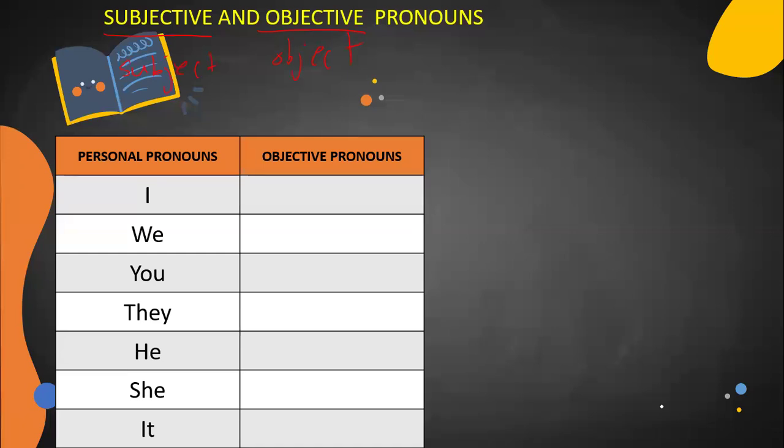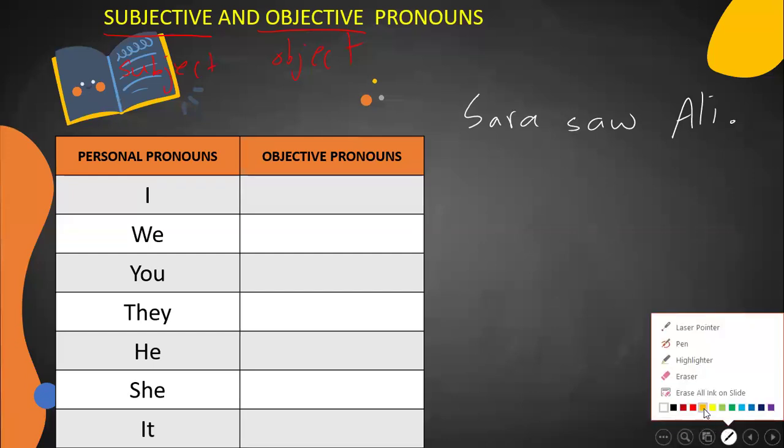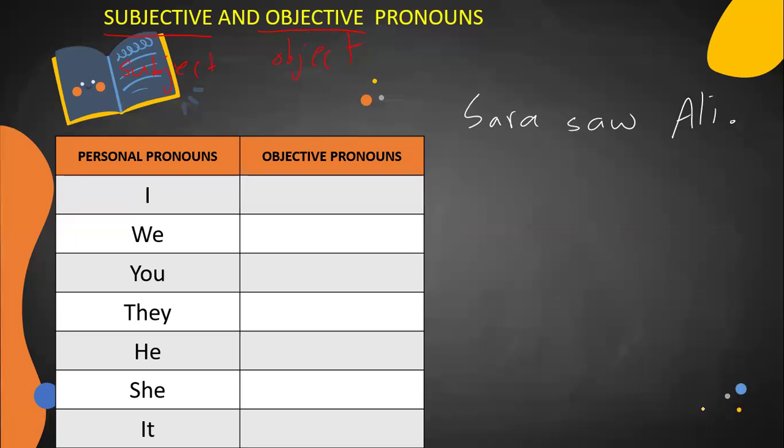Okay. Now, let's have an example here to make everything clear. If, for example, we have this sentence, Sarah saw Ali. Sarah is the subject of this sentence because it's before the verb. She is the doer here. Sarah is the doer. Okay, so this is the subject, S. This is the verb, and the word that we have after the verb is called the object.